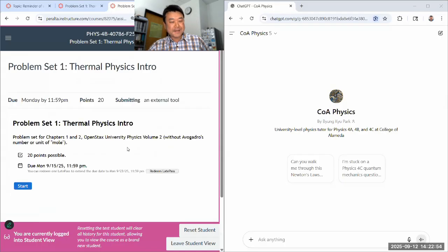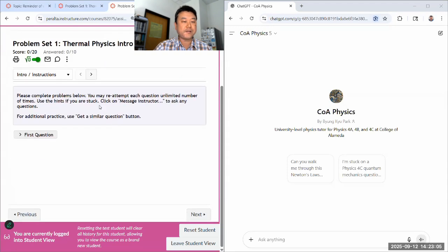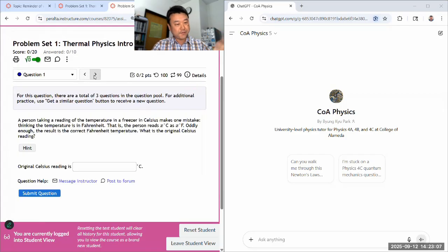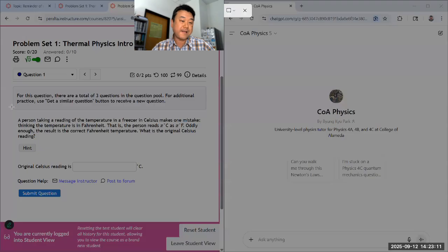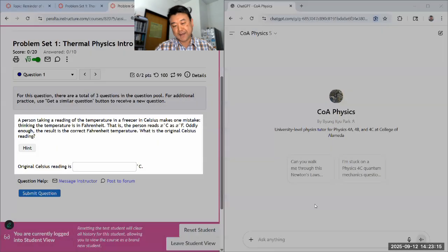Okay, I'm at the problem set. So let me do this. This used to be part of the demo, last year or last semester, depending on which class you are looking at. Me just demonstrating, don't do this, because if you do this, it'll just give you the answer right away, and you won't learn anything doing it that way. It used to be that demo. Right now, it's a test.